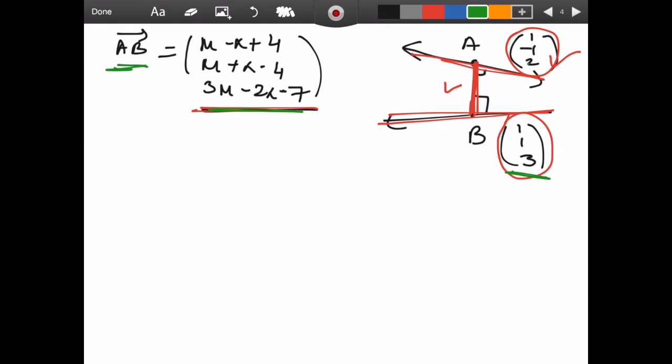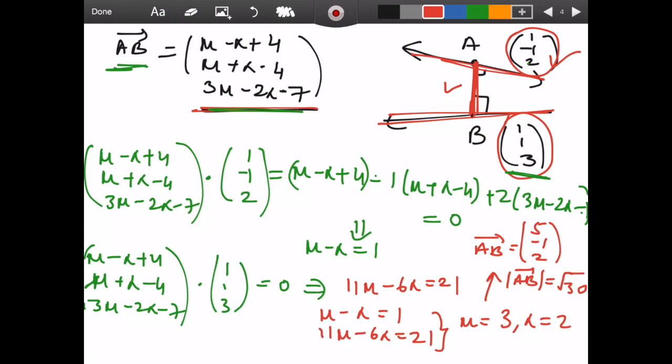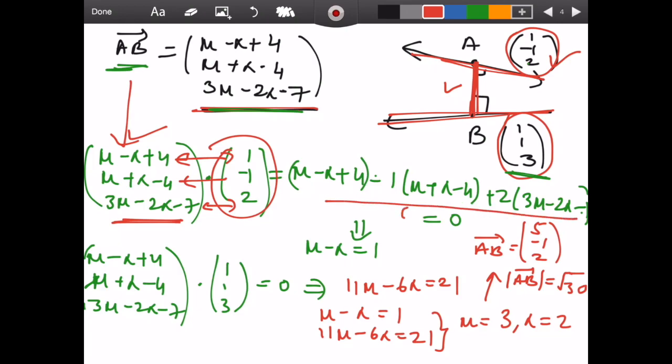So beginning with the dot product, this is what it's exactly going to look like. Once you take the dot product of this vector AB, mu minus lambda plus 4, with the direction of the first line, we get this. So you multiply this out with this, and this with this, and you add them up. That's a dot product, and that must be equated to 0.